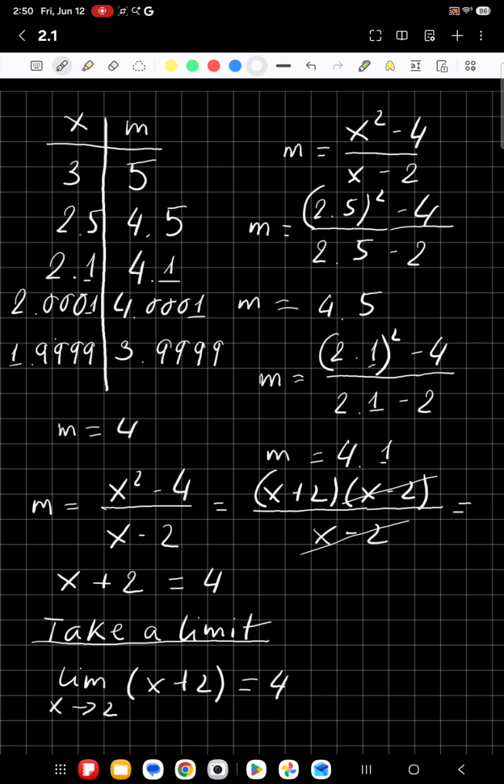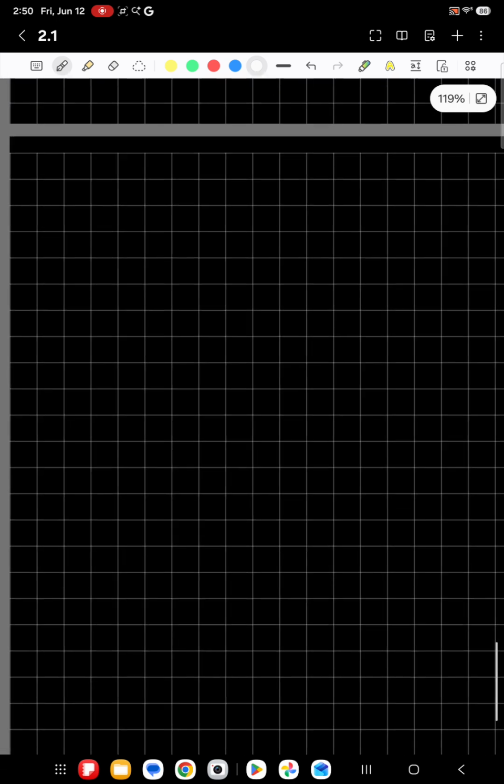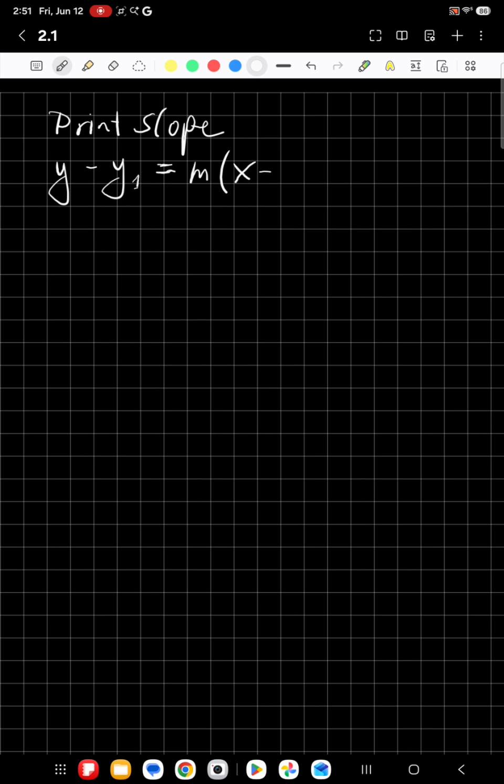But let's finish our problem, because we were supposed to find the equation of the line. The only thing we did was to find the slope. Well, that's the most difficult part. So the last thing, we'll take this point slope form: y minus y1 equals m times x minus x1.